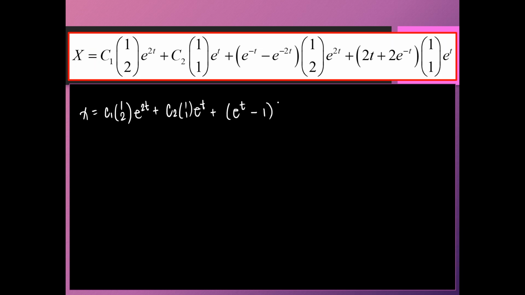Minus 1. And then that is 1, 2. I factored in the e to the 2t, combined that with the terms na puro may e. And then in here, plus 2t e to the t plus 2, 1, 1. Pero, naka-x and y magkasama pa siya.